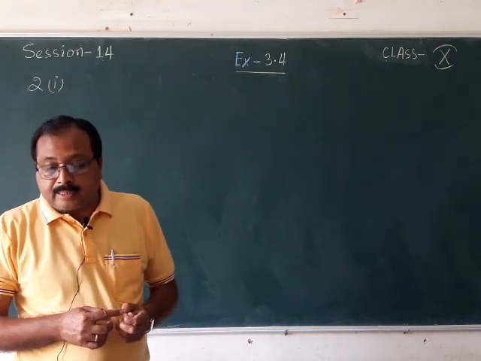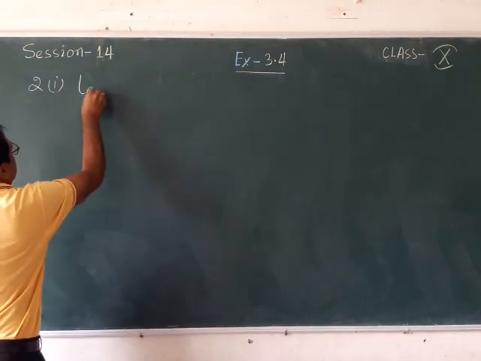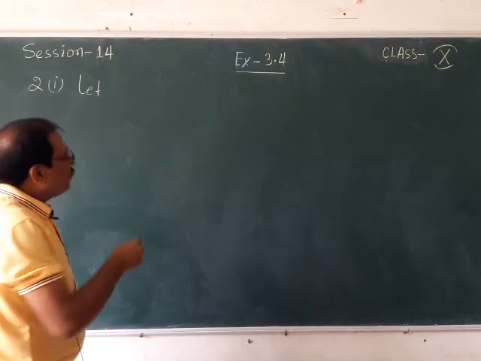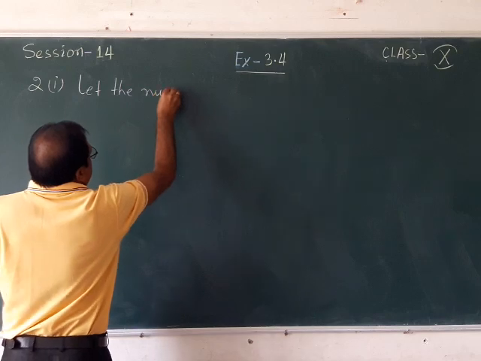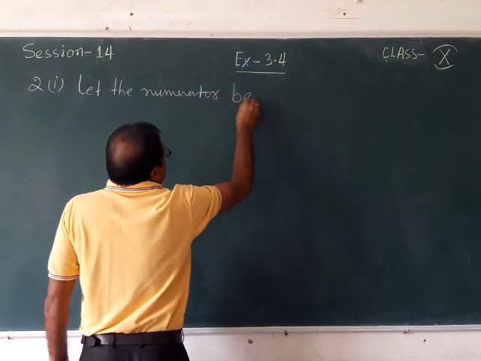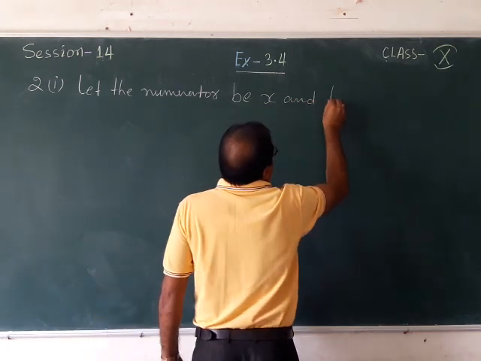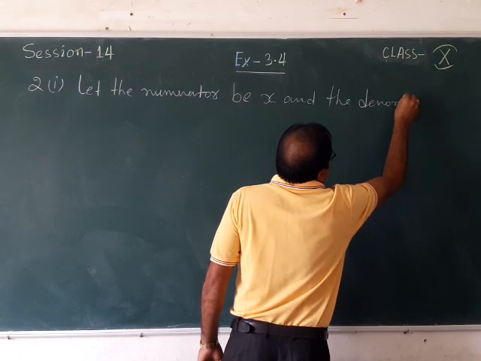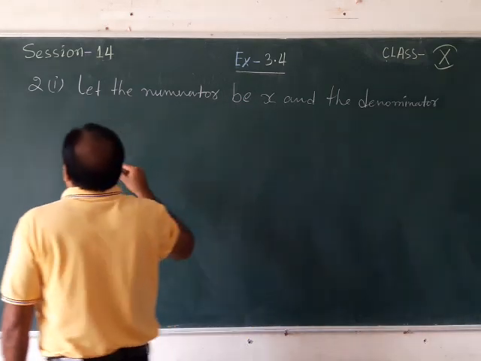So here there are two cases, and according to the given two cases we have to frame the equations. At first we need to write: let the numerator be x and the denominator be y.